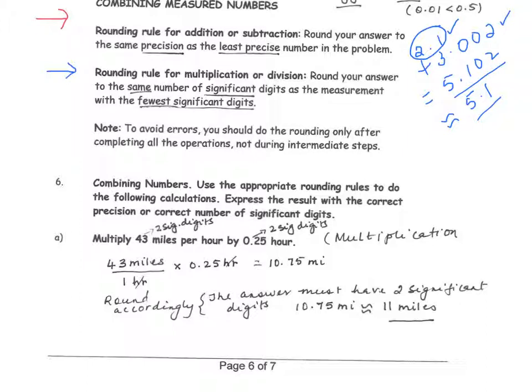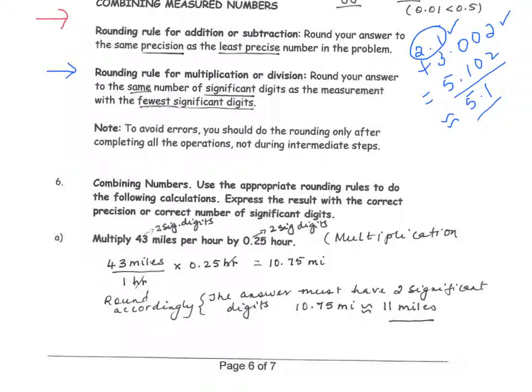Now here the rule is slightly different. So we look at all the numbers involved in the multiplication and division of numbers. What we compare here is not the preciseness of the numbers, but we count the number of significant digits in each number.